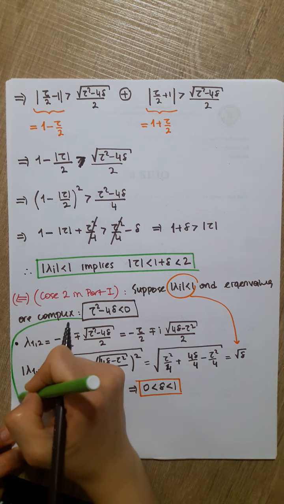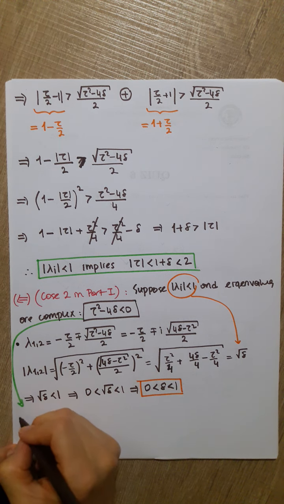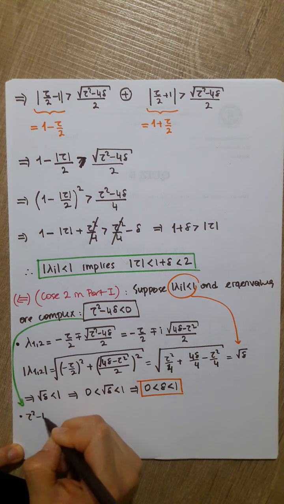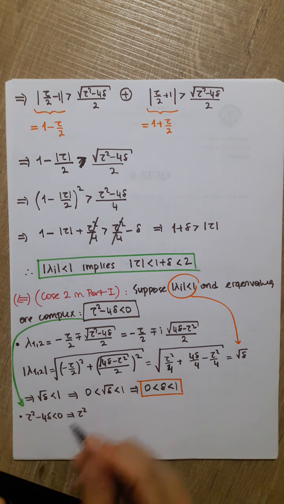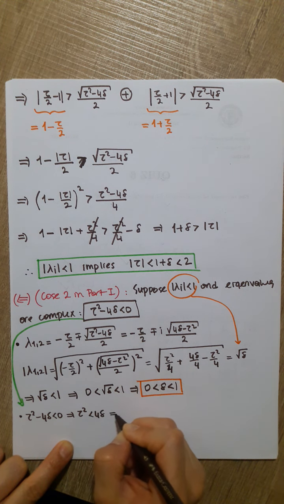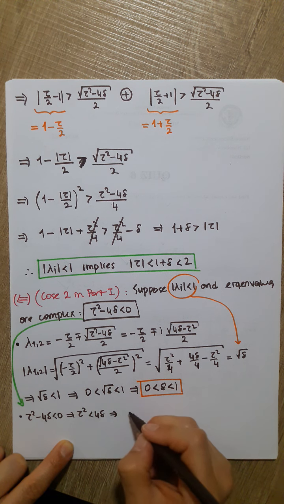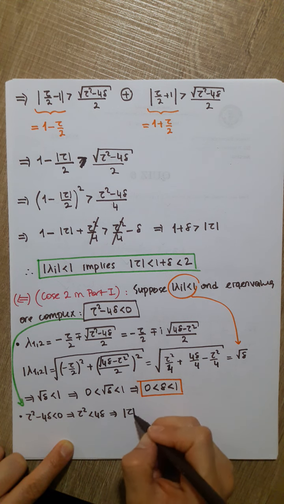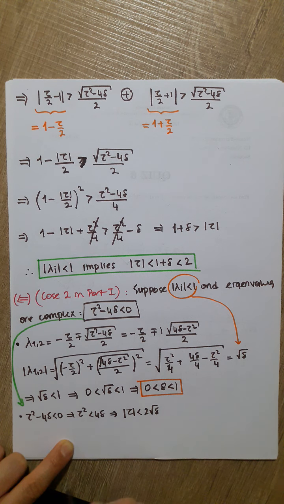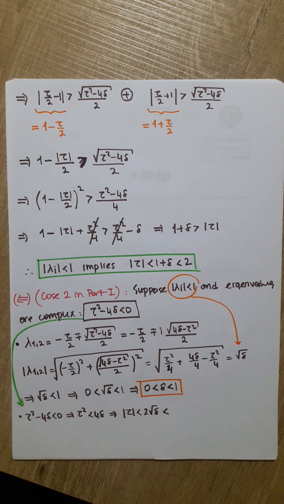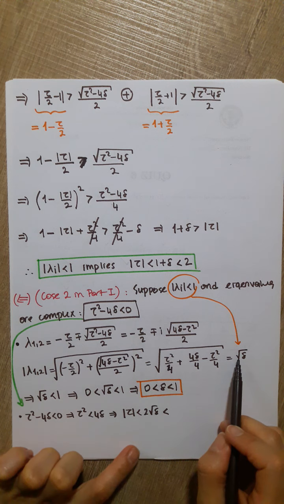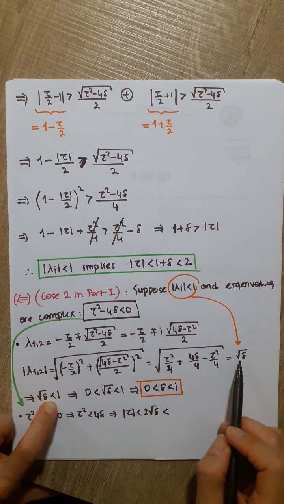And if you look at this, for this time you will see that tau squared minus 4 delta is less than 0, which means tau squared is less than 4 delta, which means the absolute value of tau is less than 2 square root of delta, okay? And this is less than 2 here, okay? And we know that square root of delta is less than 1.